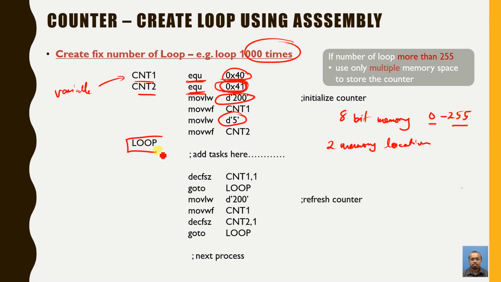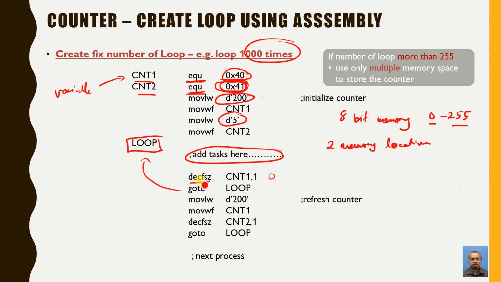So this is the loop label, and then do whatever you want to do here, your program codes, and then after you have done that, you do DECFSZ count 1, 1. So the number 200 just now becomes 199. Then go back to loop, and again do your task, and then decrement, it becomes 198. Go back to loop, and do again and again until this one becomes 0.